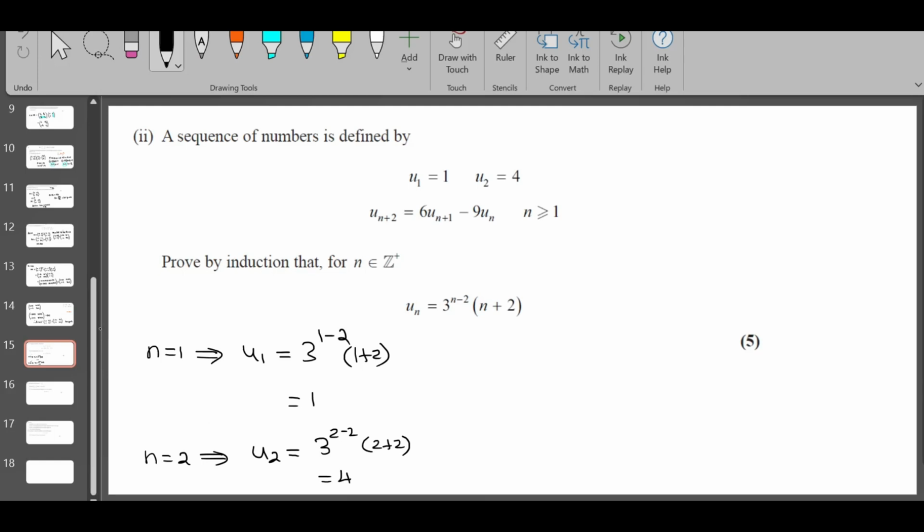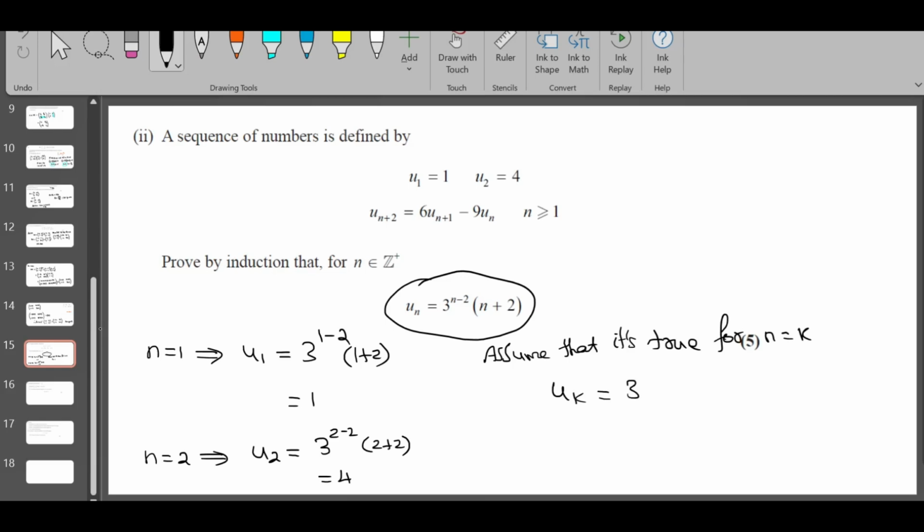Now step 2, we are going to assume that this is true for k. Assume that it's true for n is equal to k. That means uk is 3 power k minus 2, k plus 2, right? And usually we will prove that for n is equal to k plus 1, right?